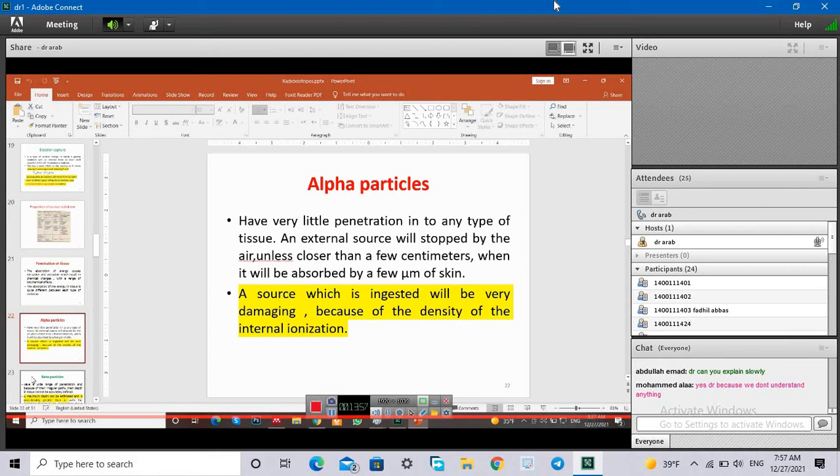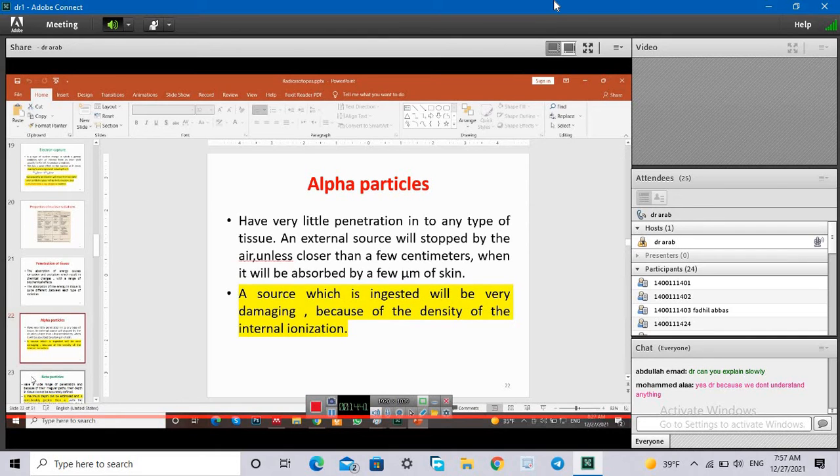As far as you remember, I said due to the high mass and high charge of the alpha particle, it has a very small penetration rate, and we can conclude that the penetration rate of this particle is very low, or in other words, it has the smallest pores to penetrate matter, because it has high charge and high mass.